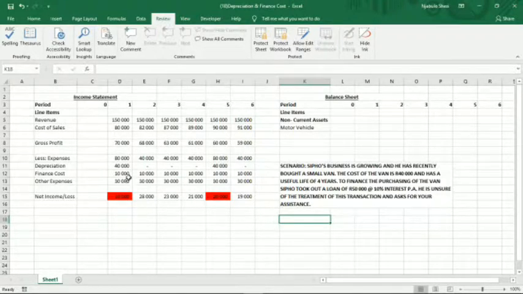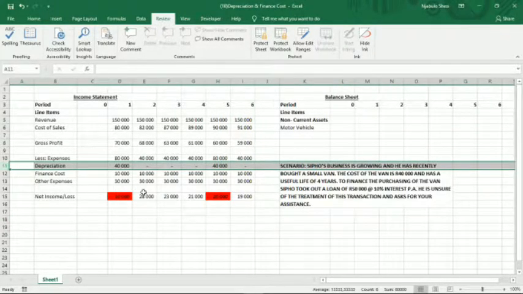As we can see here, Sipho has basically capitalized the cost of the vehicle, of the van. Maybe just before we go into explaining depreciation, let me just explain what this is and what's going on.